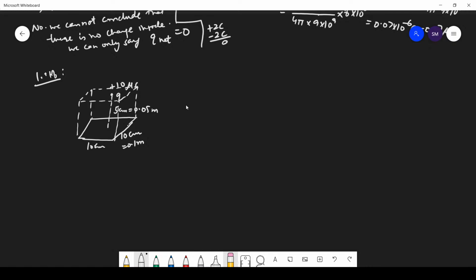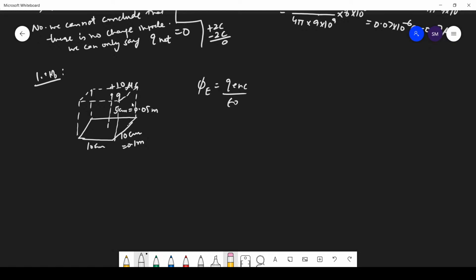By Gauss law we know that phi is equal to q upon epsilon naught. So this is the total flux through the Gaussian surface.